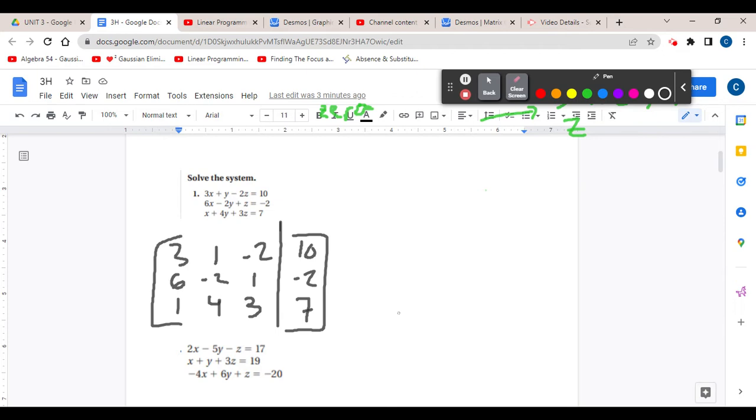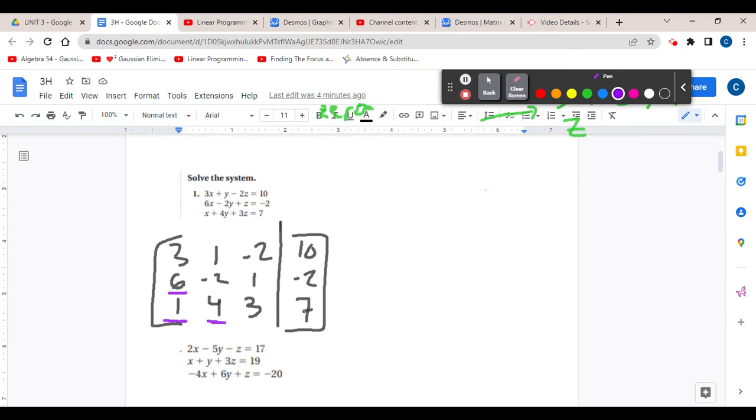The goal of this is to do some elimination to get the 6 equal to 0, the 1 equal to 0, and the 4 equal to 0. We want to get these bottom three numbers equal to 0. Once we do that, we'll be able to isolate. We'll have this number right here times z equals that number right there, and then we can easily solve for z.